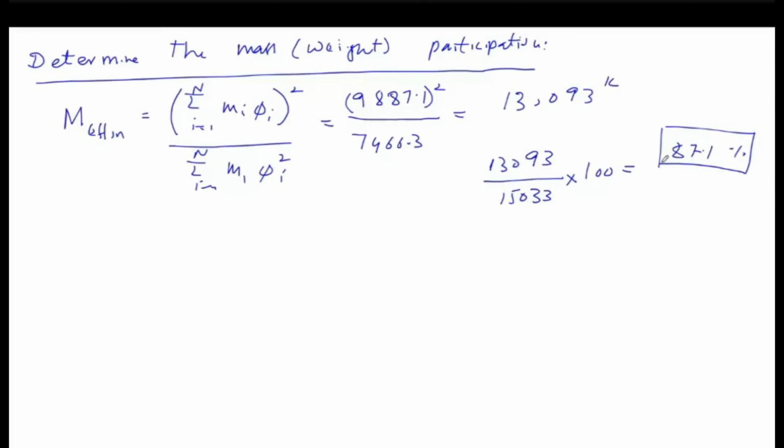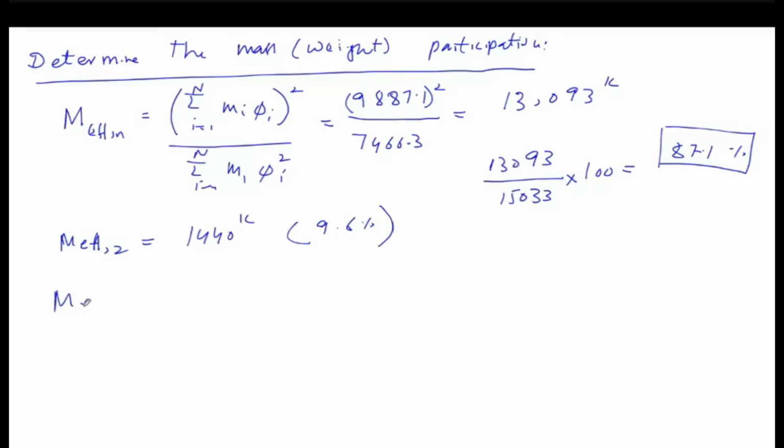You can also calculate the effective masses for other modes. So let me just mention here. Effective mass for the second mode, so I will just write the values directly. 1440 kip. In the modal mass it is contributing to the total mass 9.6%.